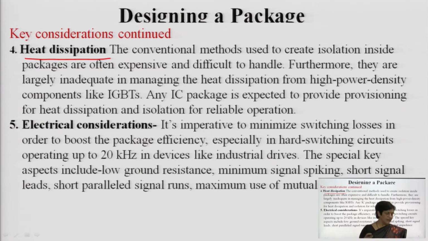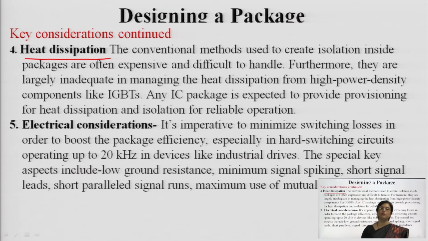We have seen in the previous slide that it can be addressed by considering the temperature difference, theta JC and theta CA, all those things we can take into account. You can calculate the thermal resistance, but only thermal resistance will not be enough. You need to take into account proper management of the heat dissipation, because heat dissipation will be happening from high power density components like IGBT, or any IC package is expected to provide proper provisioning of heat dissipation and isolation, so that the operation of the circuit is reliable.